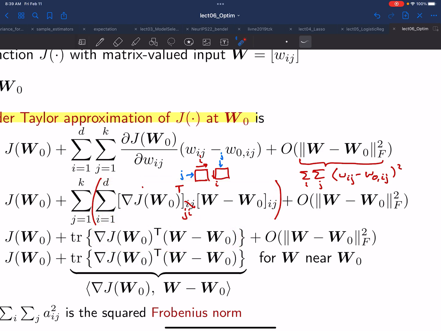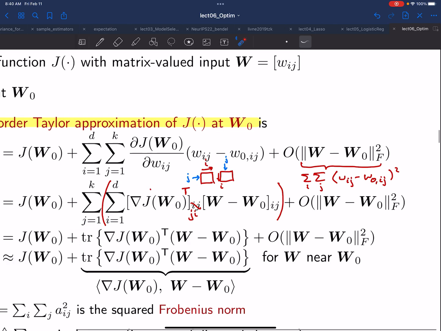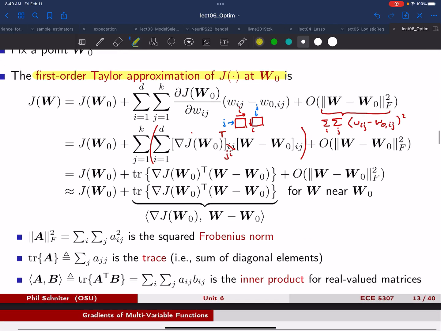If I have a matrix and I sum over the diagonal terms, that's all the jth row, jth column terms, there's a name for this. It's called the trace. The trace is the sum of a matrix across its diagonal terms.